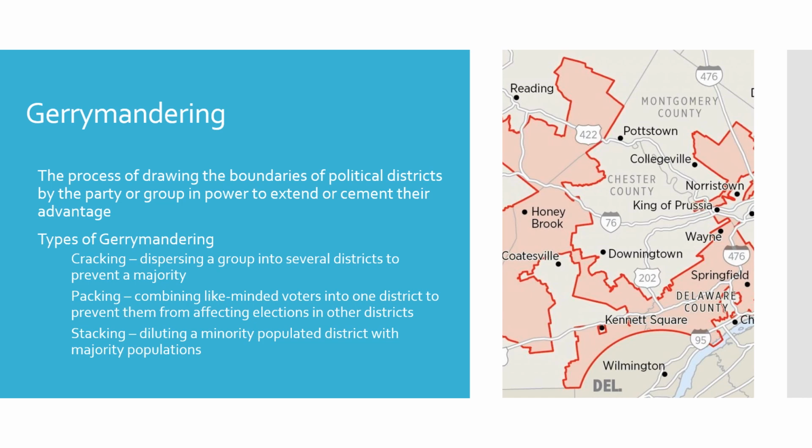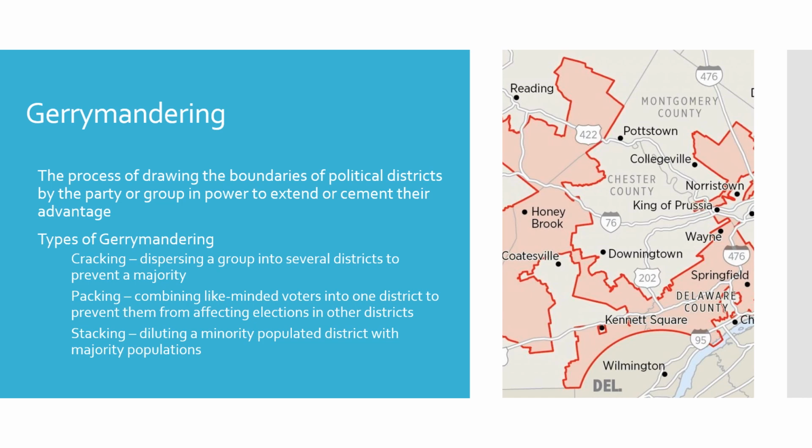So you want to spread it throughout, and you draw the lines in such a way that does that, because there is a sometimes false but sometimes true assumption that different ethnicities and racial groups will vote a particular way. We look at statistics, we look at trends, we look at the analytics, and that's kind of how they make their decisions here. Packing is combining like-minded voters into one district to prevent them from affecting elections in other districts.